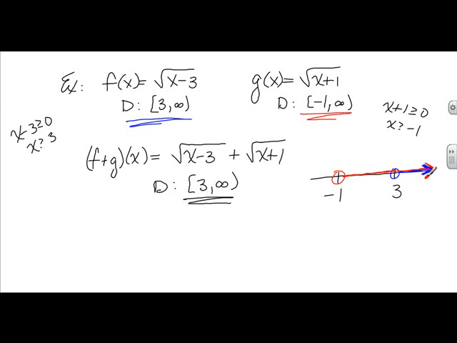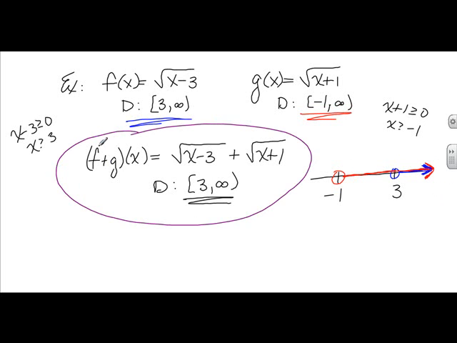And what I've got to focus in on, what's going to be okay for our function f plus g of x, is going to be this part of it. Because any value of x that's greater than or equal to 3, I should have filled in circles, excuse me, because those are equal to. Any value of x that's greater than or equal to 3 is also going to be greater than or equal to -1, and it's going to be okay.